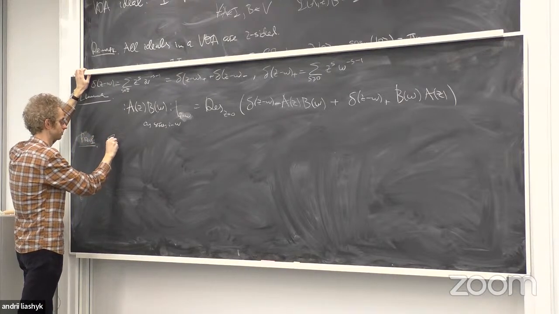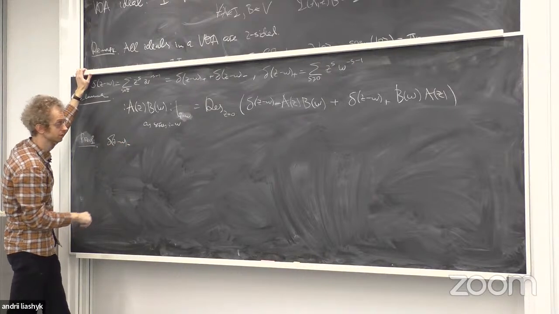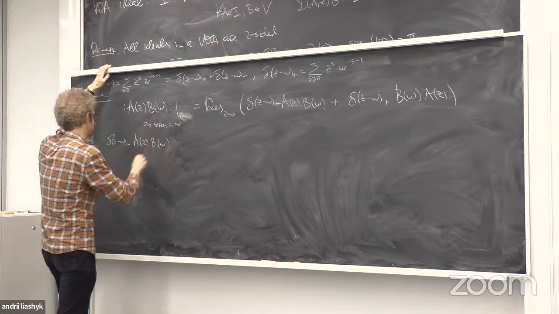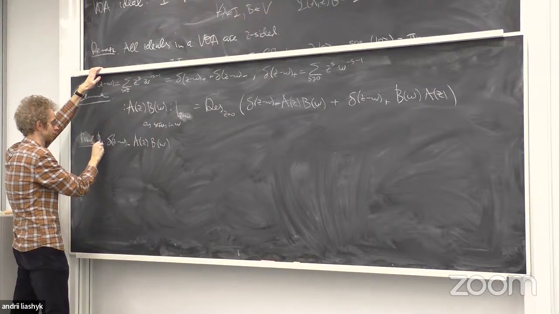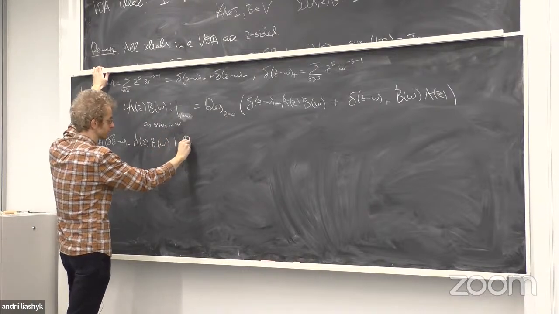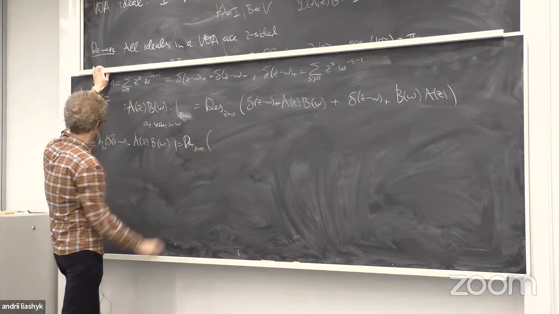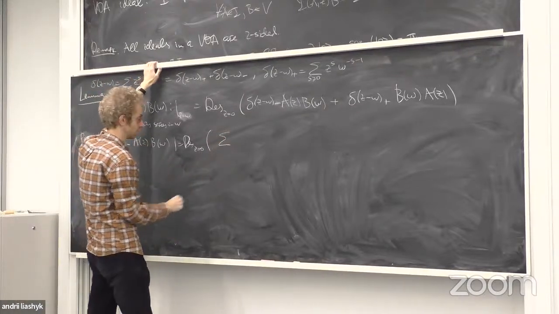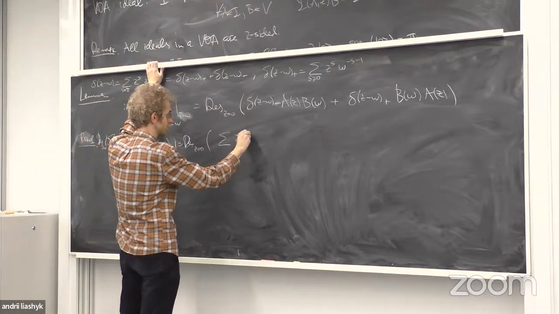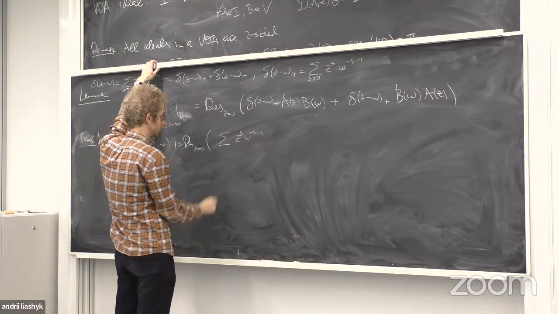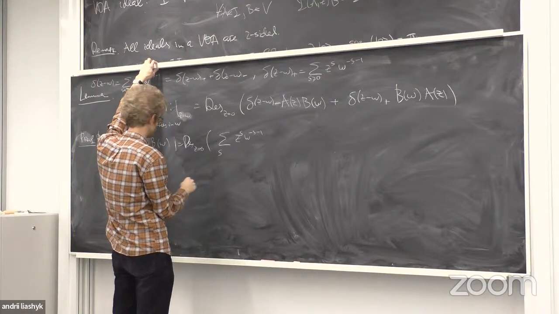So delta minus B of W, with the residue at 0, equals the sum of z to the s, w to the minus s minus 1, with s less than 0.